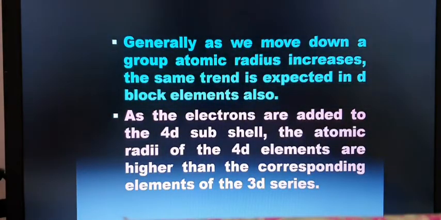Generally, as we move down a group, atomic radius increases. The same trend is expected in d block elements also. As the electrons are added to the 4d subshell, second transition series, the atomic radii of the 4d elements are higher than the corresponding 3d elements of the 3d series.